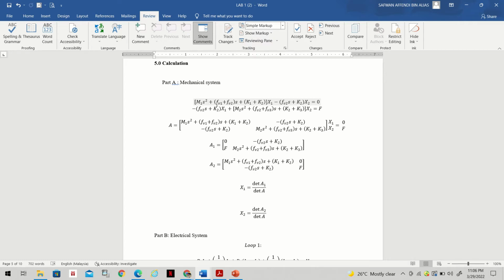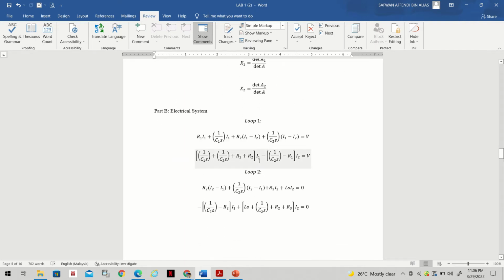Then, by using Cramer's rule, we turn the equations into matrix form to find the values of A, A1, and A2. To find the transfer function equations, the determinants of A, A1, and A2 need to be found. For x1, the value is determinant A1 over determinant A, and for x2, determinant A2 is divided by determinant A.